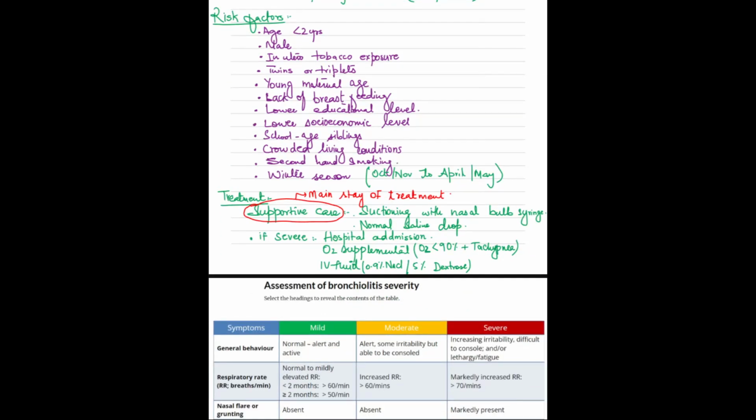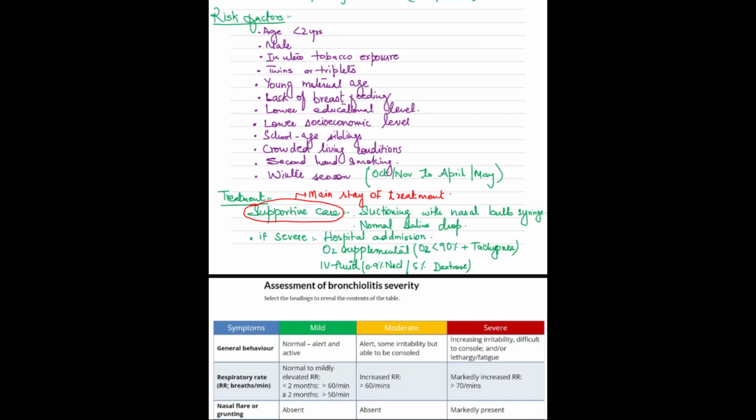Let's talk about risk factors in a normal child, not a high risk patient, when they have RSV infection. Children less than 2 years are commonly infected. Male child, in utero tobacco exposure. If a child is born as twins or triplets, the chance of getting infection is very common.